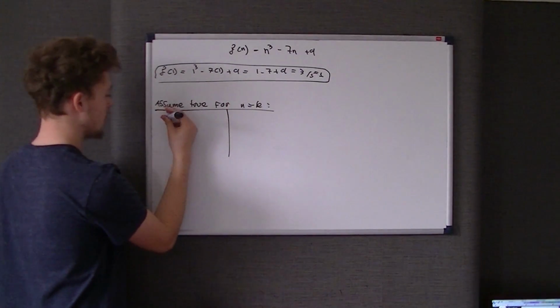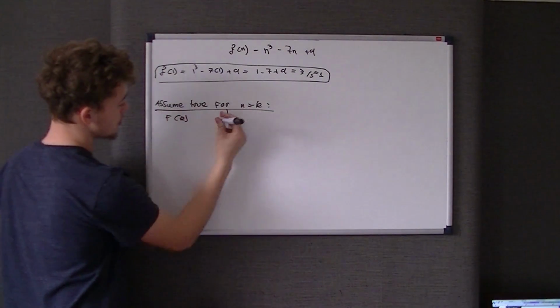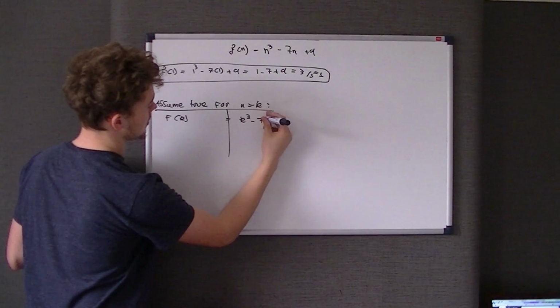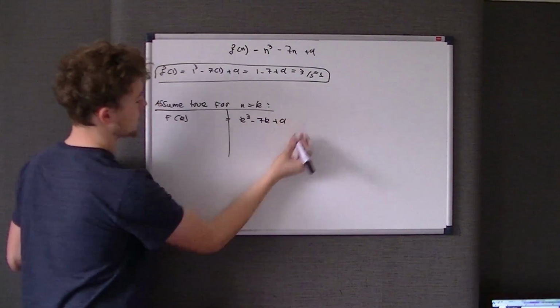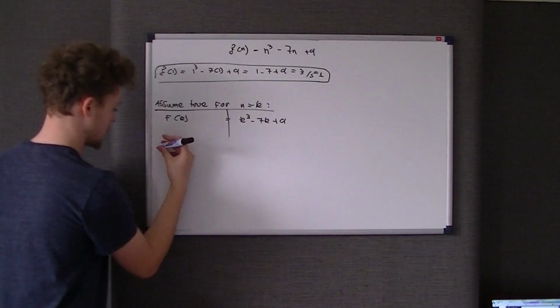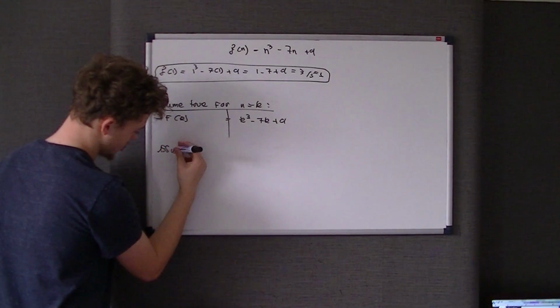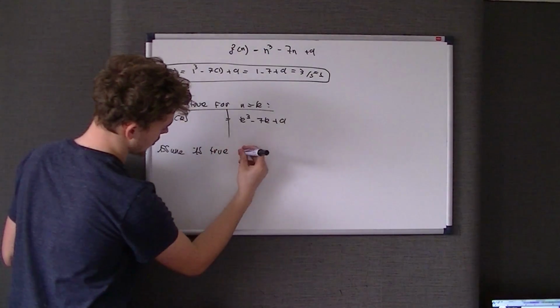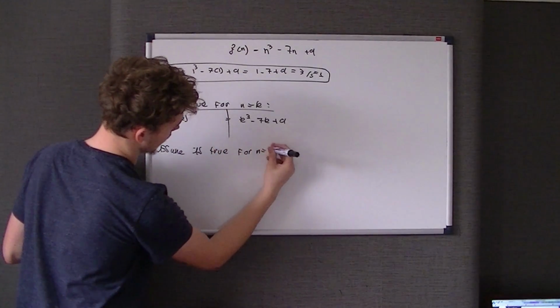So f of k is equal to k cubed take 7k plus 9. And if it's true for n equals k, we assume it's true for the next term, n equals k plus 1.